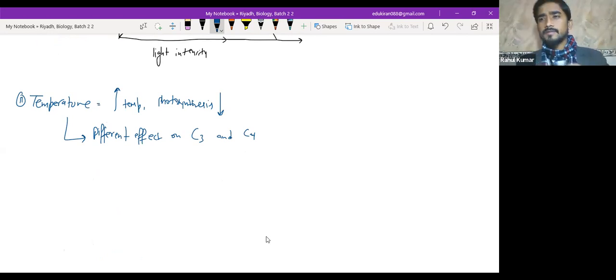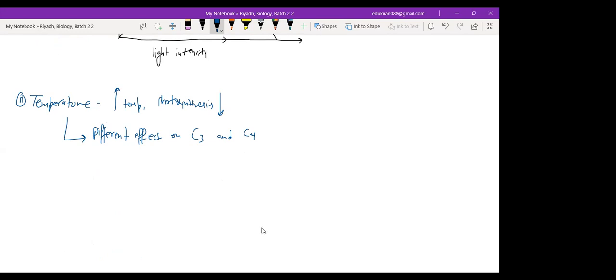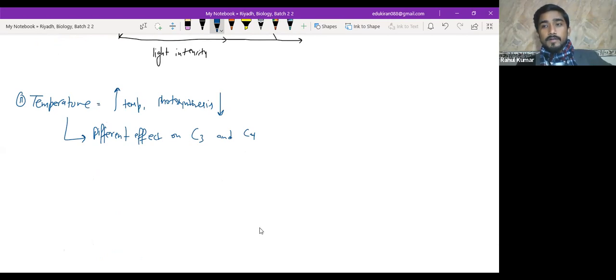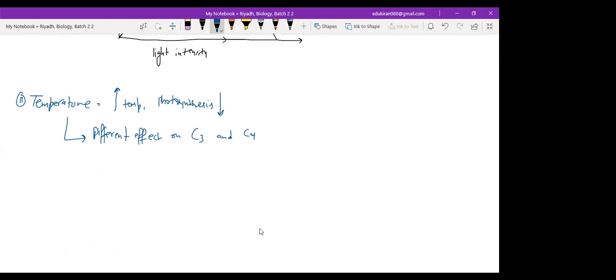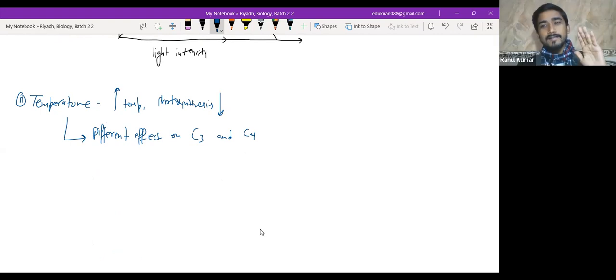Can anyone tell me? Because by now you already know it. So who will tell me? C4 needs higher temperature. It does not need or want it. It works. Yeah, it can respond well even in a high temperature.